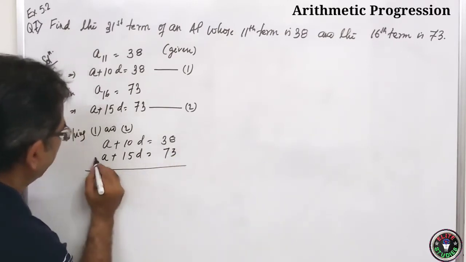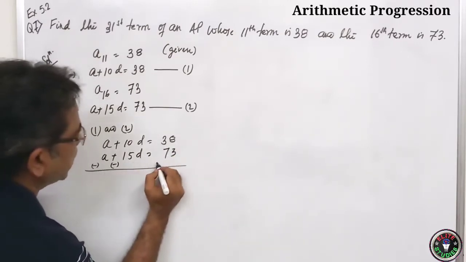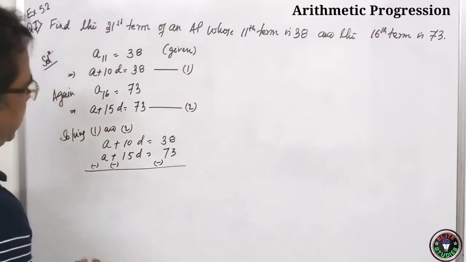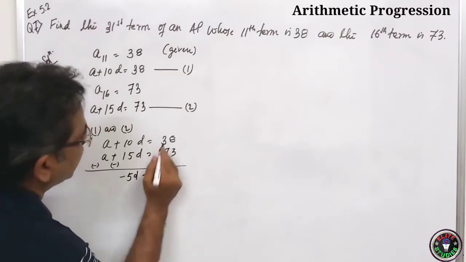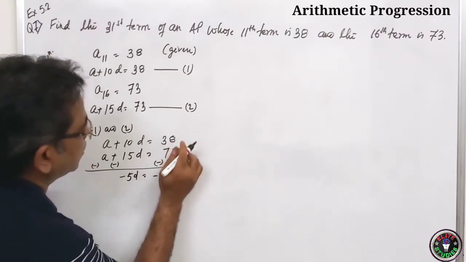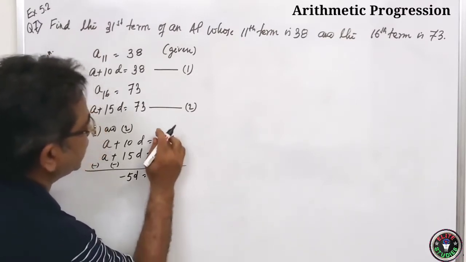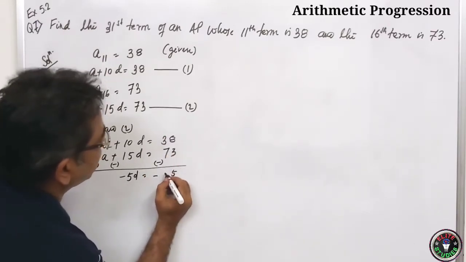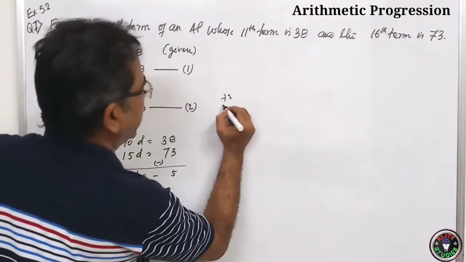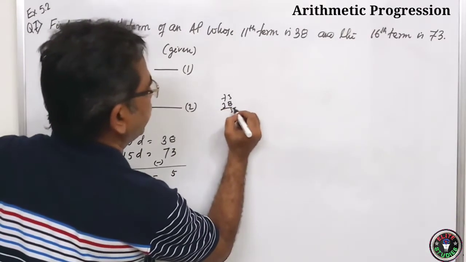Subtracting, plus becomes minus, a minus a cancels, then 10 minus 15 gives minus 5d, which will be equal to 38 minus 73, so it is minus 5d equals minus 35.